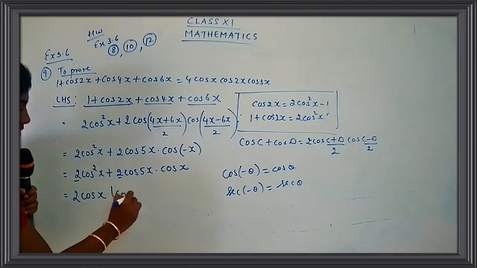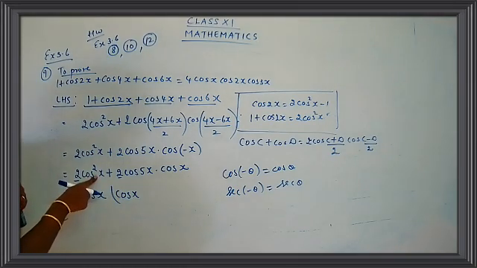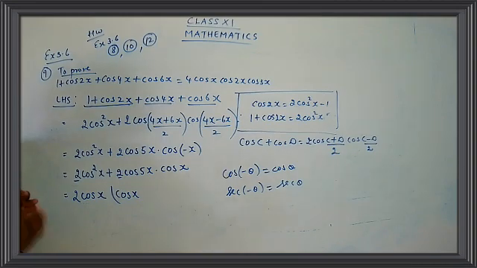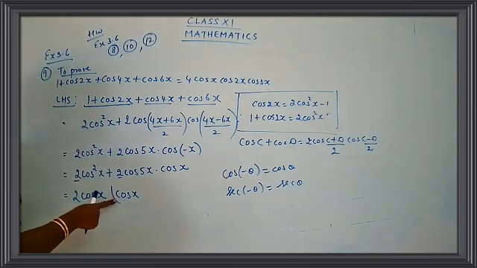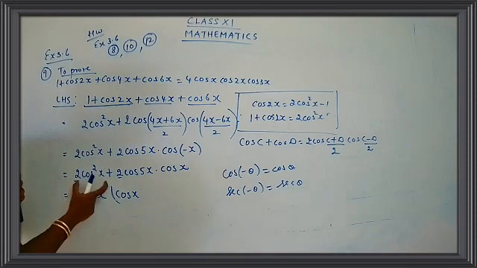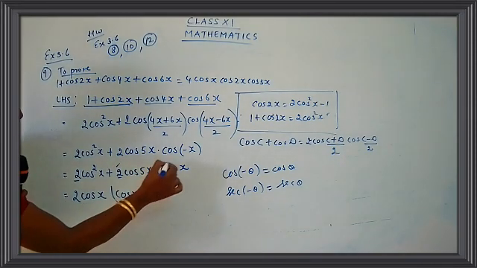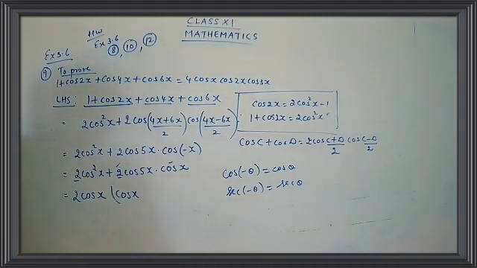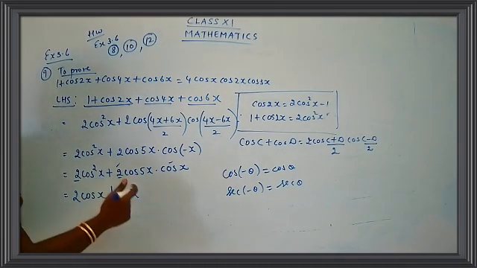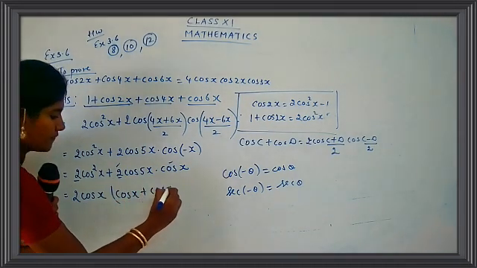Only cos x is left, because how many cos x are there? Cos square x means cos x into cos x. From 2 cos x we have taken 1 cos x out. So what is left here, children? Yeah, good. Cos x is left. Done. Now we have done the first part. Now let's come to the second part. So 2 is taken, cos x is taken. So what is left, children? Yes. Plus cos of 5x is left.